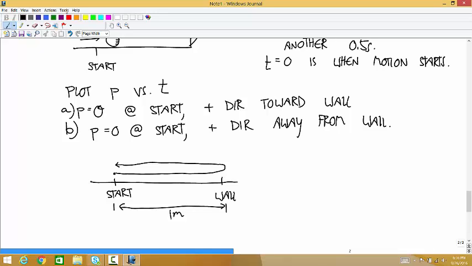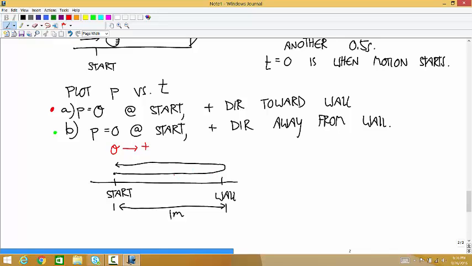For part A, I'll do A in red and B in green. So for part A, the position equals 0 is here, and the positive direction is this way.